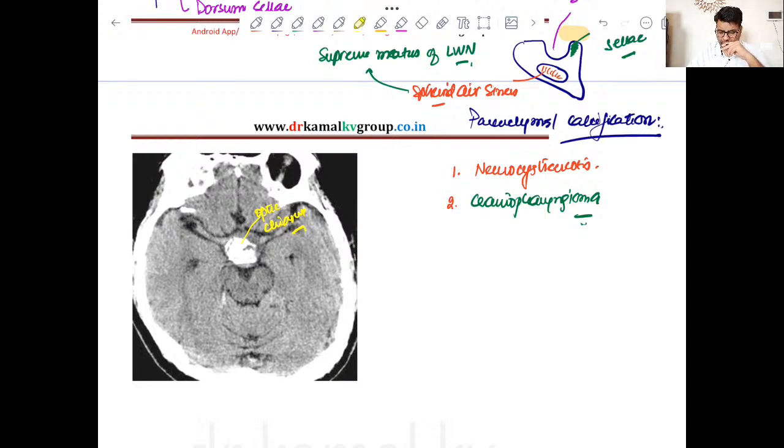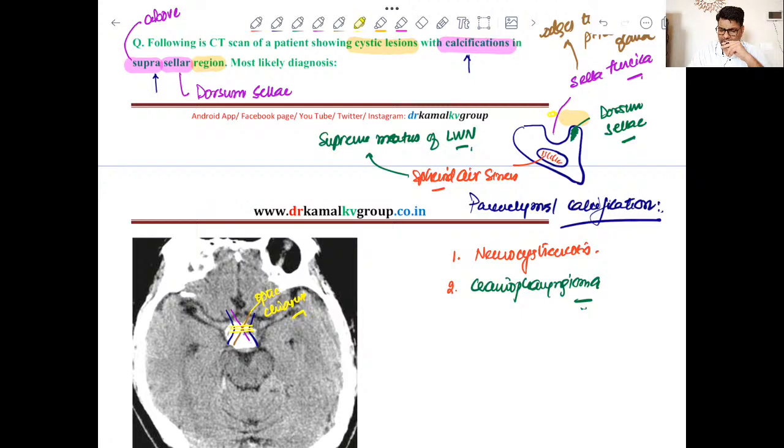From here the optic nerve is coming, and the nasal fibers will cross over and the temporal fibers will continue on the same side. So this area is the optic chiasma, right? And we know that optic chiasma is related to the pituitary gland somewhere above here. So this is the optic chiasma.